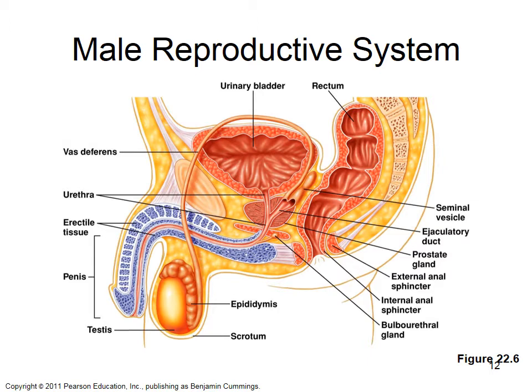Okay. And then we've got some accessory glands. We've got the seminal vesicles, we've got the bulbourethral glands, and then we have the really pesky prostate gland. The prostate gland actually encircles the urethra, right? And it continues to grow throughout a male's lifespan, okay?